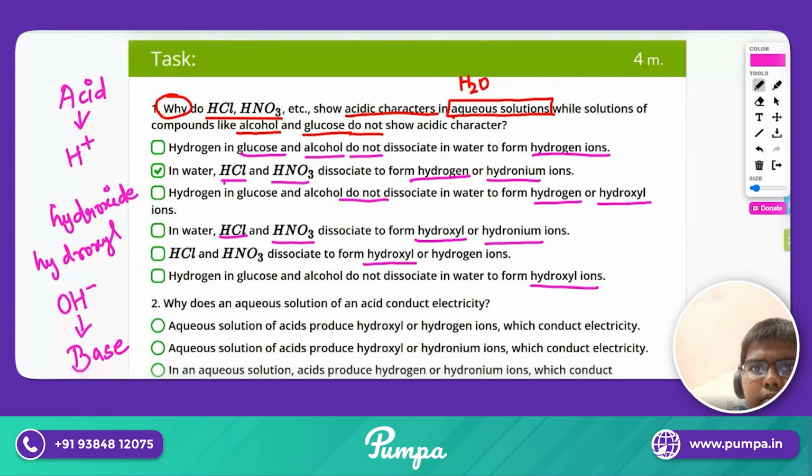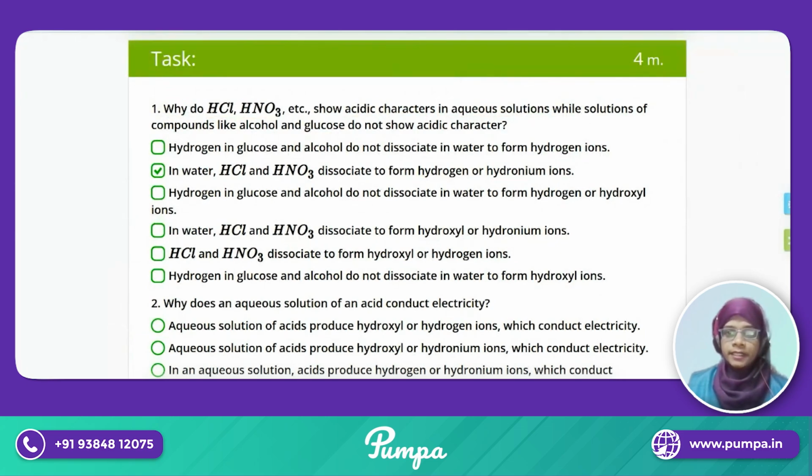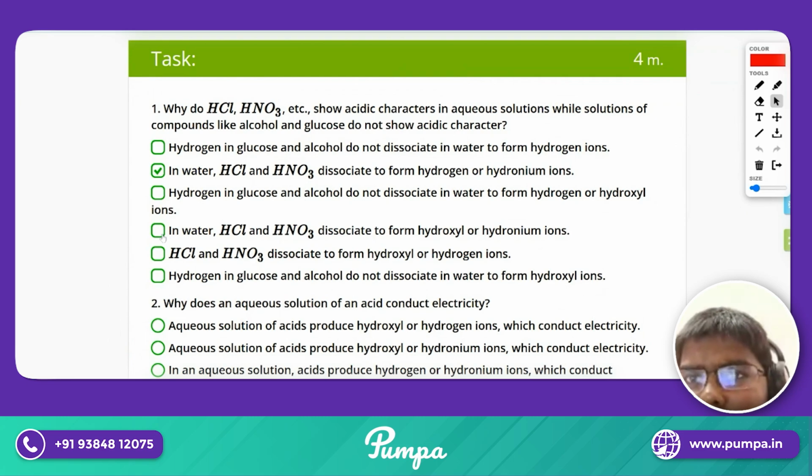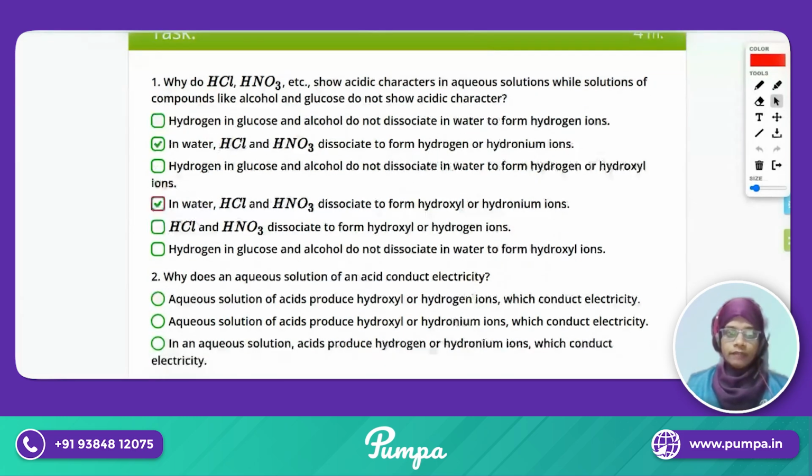So when a base dissolves in water, it will dissociate and form hydroxide, OH minus ions. So you are choosing only the first option here. Ma'am, the third option also. Okay, we will check the answers.